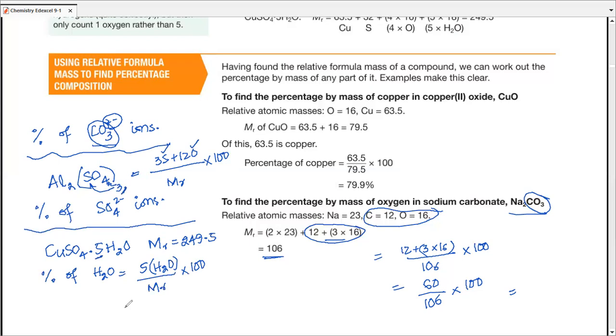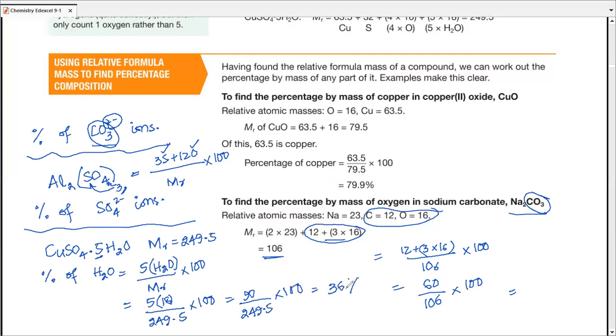So we know that water is 18, so that would be 5 into 18 divided by 249.5 into 100. That would be equal to 90 over 249.5 into 100. And I guess it would be a little less than 36.